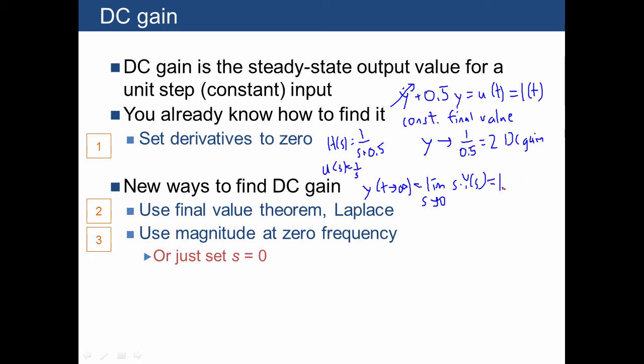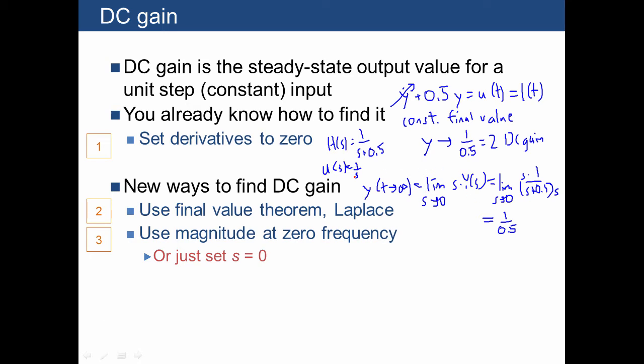So basically we just need to take the limit as s goes to 0 of s times 1 over s plus 0.5 divided by another s. Those are going to cancel out, so you can see that if you plug in 0, that you get 1 over 0.5 again, therefore verifying what we already saw above.